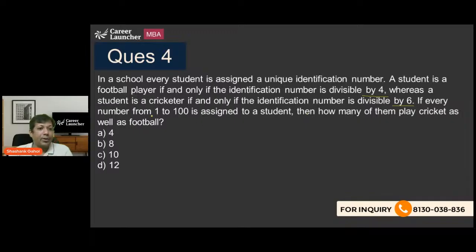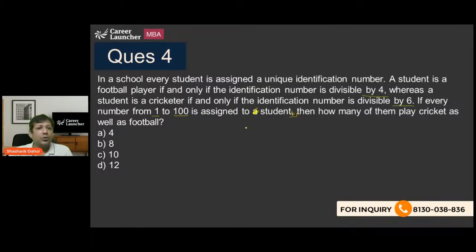If numbers from 1 to 100 are assigned to students, how many of them play cricket as well as football? I think there's a typing error in the question. It should say that 1 to 100 are assigned to students, 100 students.